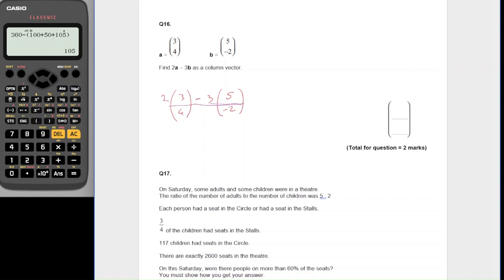So my top number is going to become 2 times 3 is 6, minus 15, so that would be minus 9. And my bottom number is going to become 2 times 4 is 8, minus 3 times minus 2 is 6, so it's going to be 8 plus 6. I think that's 14.